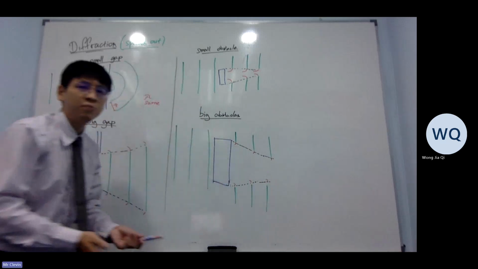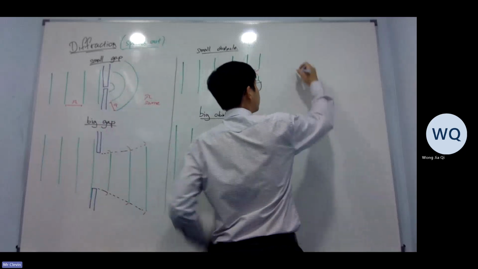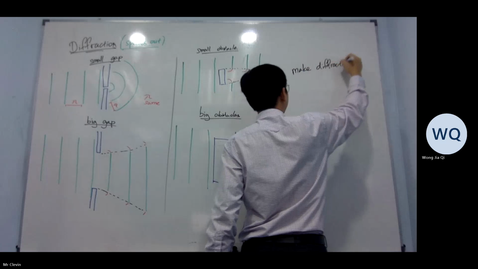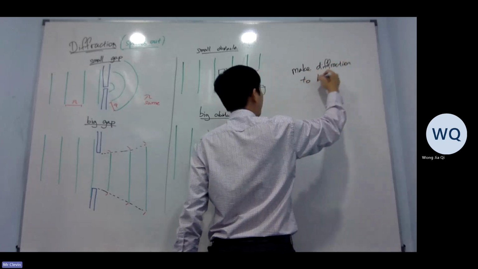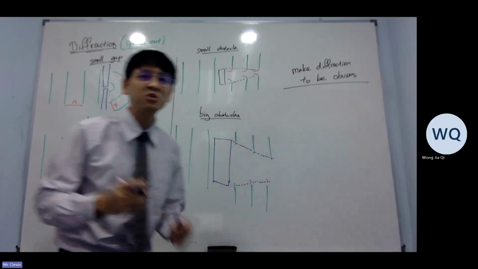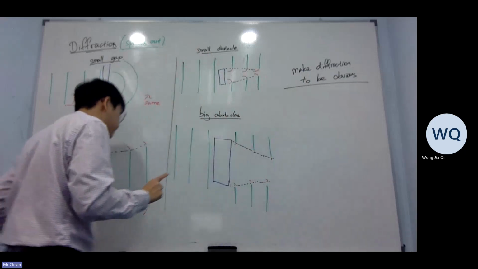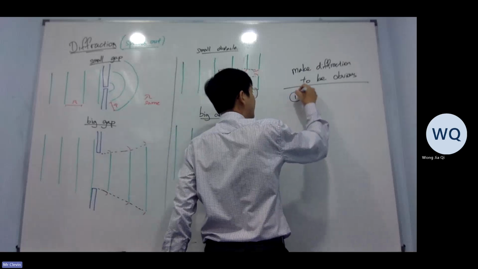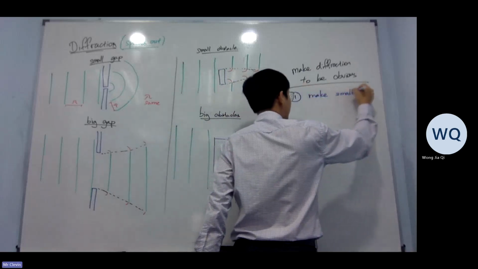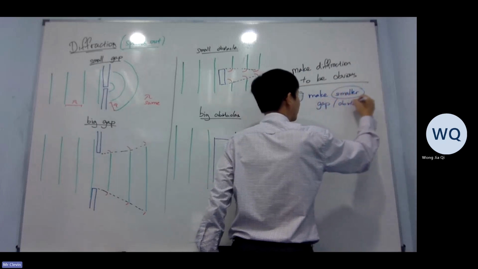But why I want to bring this up is because if I want to make the diffraction more obvious, I have 2 things to do. Number 1, make it smaller in terms of gap or obstacles.